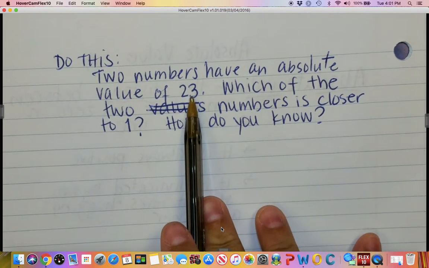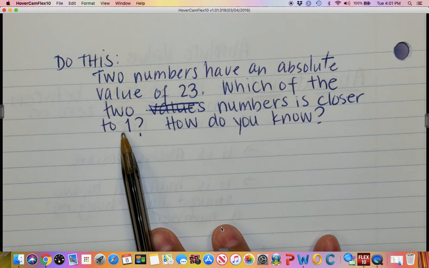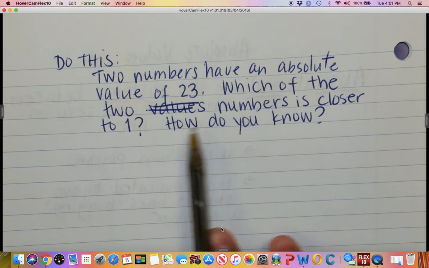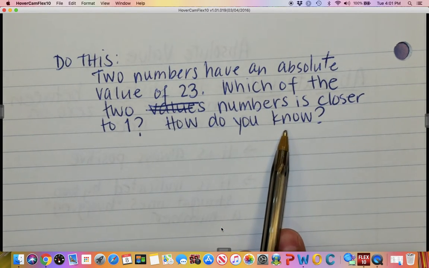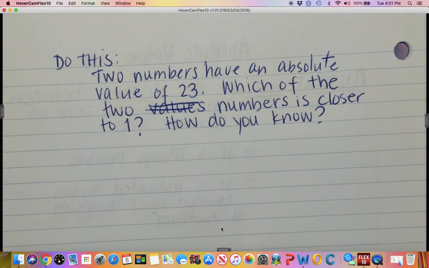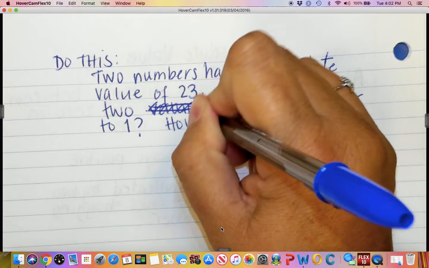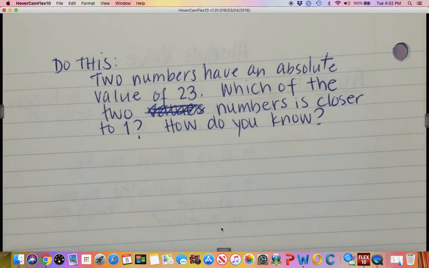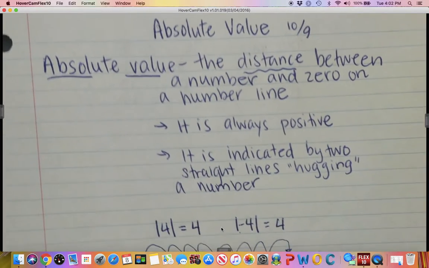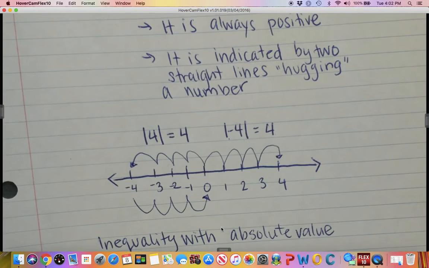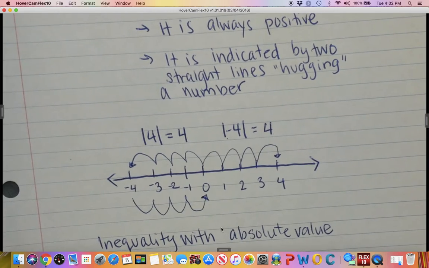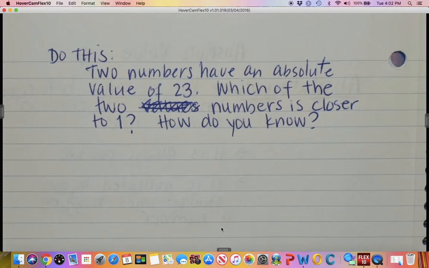Which of the two numbers is closer to 1? And then you need to have a because or some sort of explanation telling me how you know. The word distance could be in your answer. So, again, if you need to draw a line, look at what we did here. Look at this example, except your absolute value is 23. And then tell me how you know.